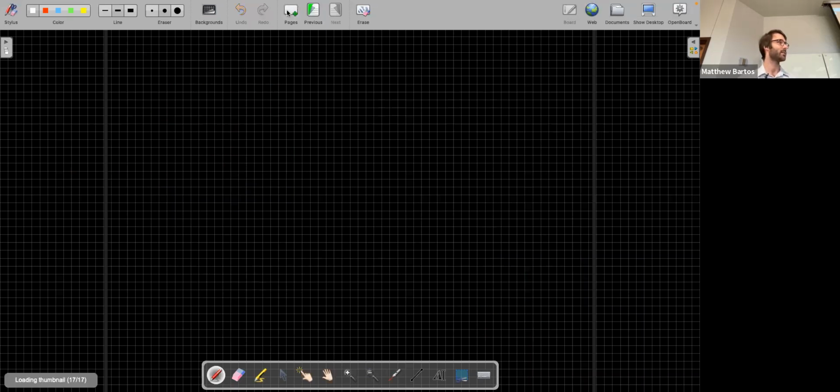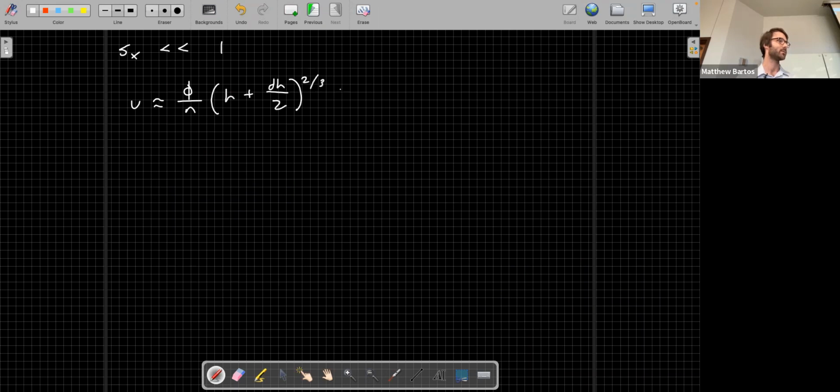So we can simplify our expression for u. u is approximately equal to phi over n times h plus dh over 2, all to the 2/3 power, times the bottom slope to the 1/2 power. Essentially, we've just assumed that the lateral slope is very small compared to 1.